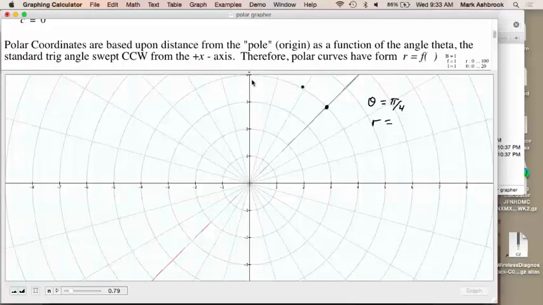4, because it's on the circle of radius 4, right? So by noting the angle swept from 3 o'clock and the distance from the pole, those two values together pinpoint that location in the plane rather than x and y. So this is the point 4 comma pi over 4 in polar coordinates.